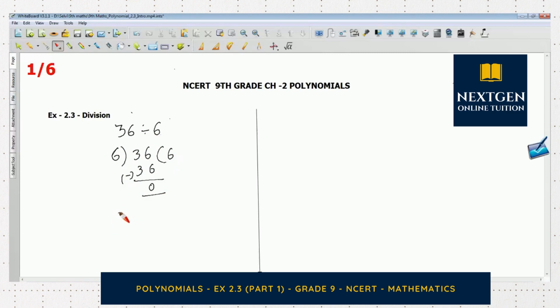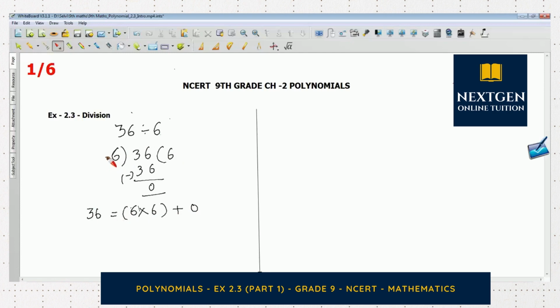How to write the division statement for this sum? 6 multiplied by 6 plus 0 gives me 36.